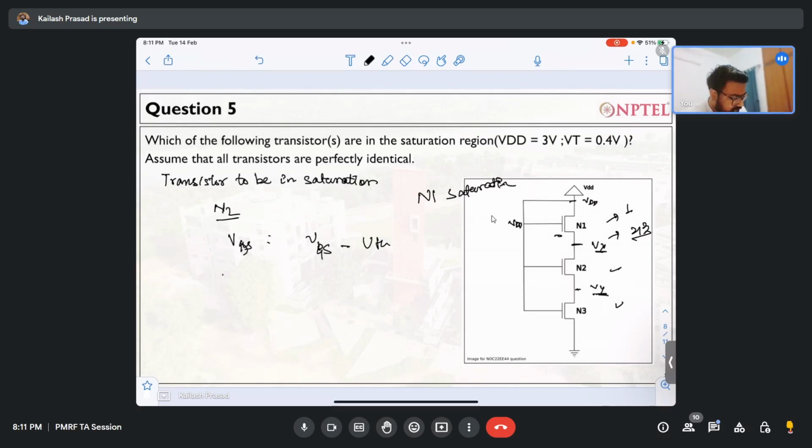So this will be VDD minus Vy, and this will be Vx minus Vy minus VTH. So Vy will be cancelled. Now here it is VDD, here it is Vx minus VTH. Now the question is, is VDD greater than Vx minus VTH?